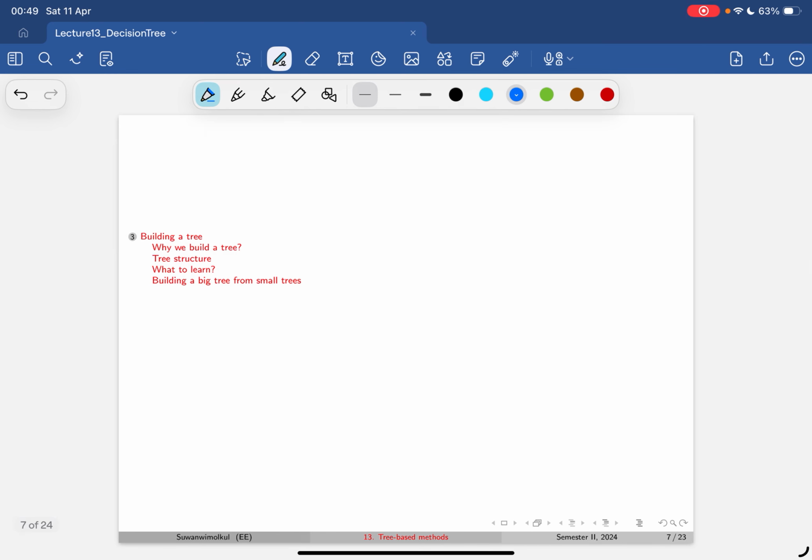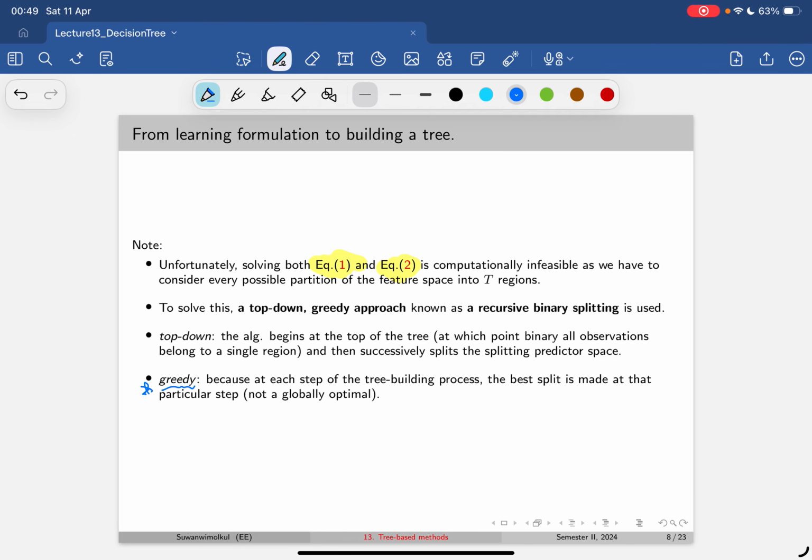So with that, people came up with the greedy algorithm, or decision tree, to solve these two problems. These greedy approaches are what we call a recursive binary algorithm. And in this lecture, we will focus just on the one with binary splitting.